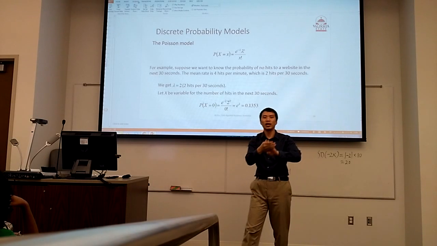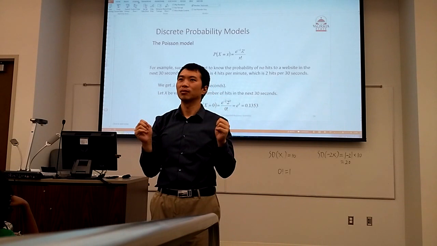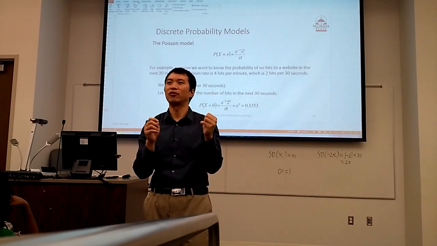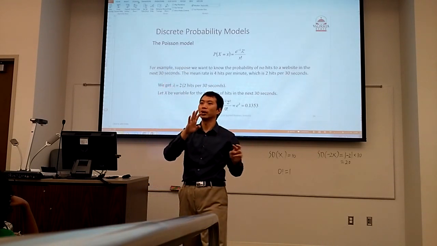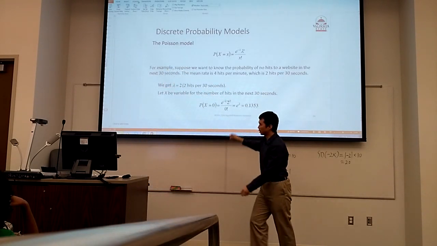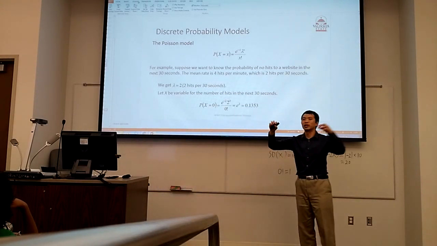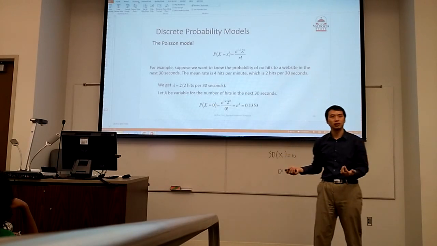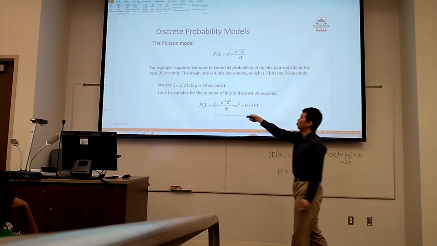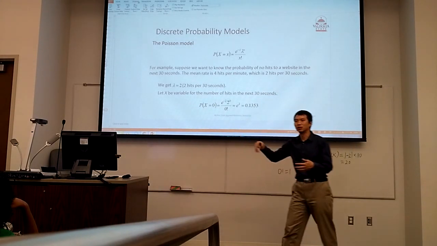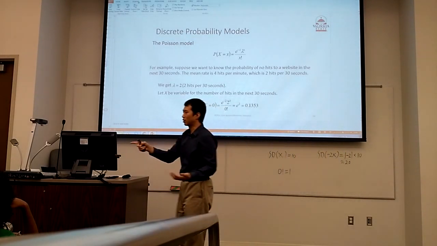If we have 4 hits on average in 1 minute, how many hits do we have in half a minute? 2, right? Half of the 4. So we have to be careful about what is the horizon we are interested in. This number doesn't match with the horizon, so we have to manipulate the numbers a little bit. Does that answer your question?